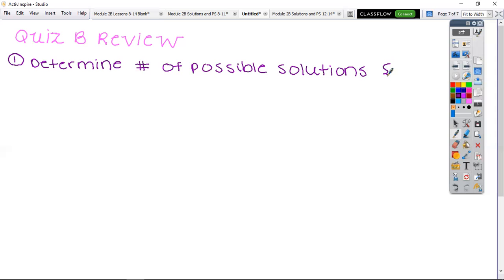Yep. So I'm thinking in my head of 0, 1, or 2. Those are your choices. And then solve the triangle if a solution exists. Otherwise, you just stop.